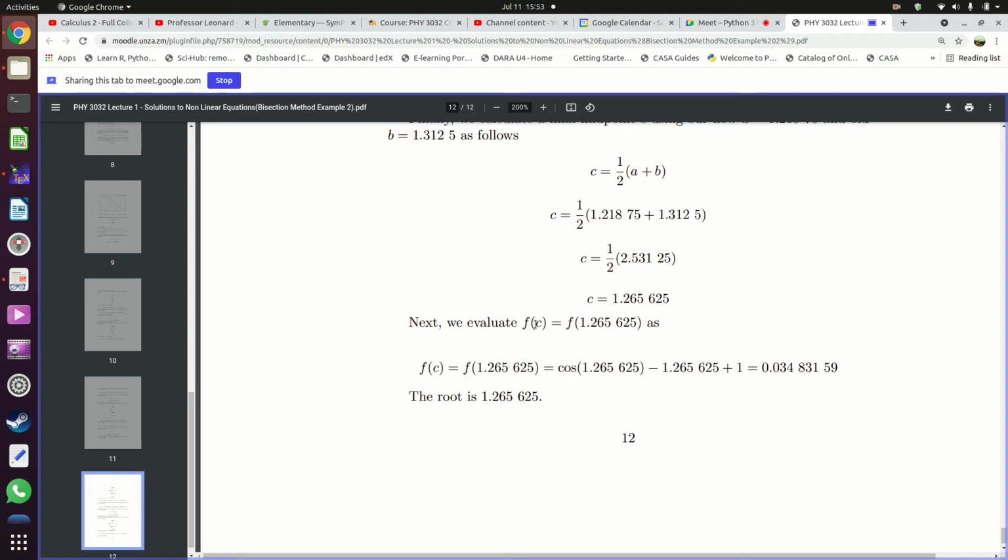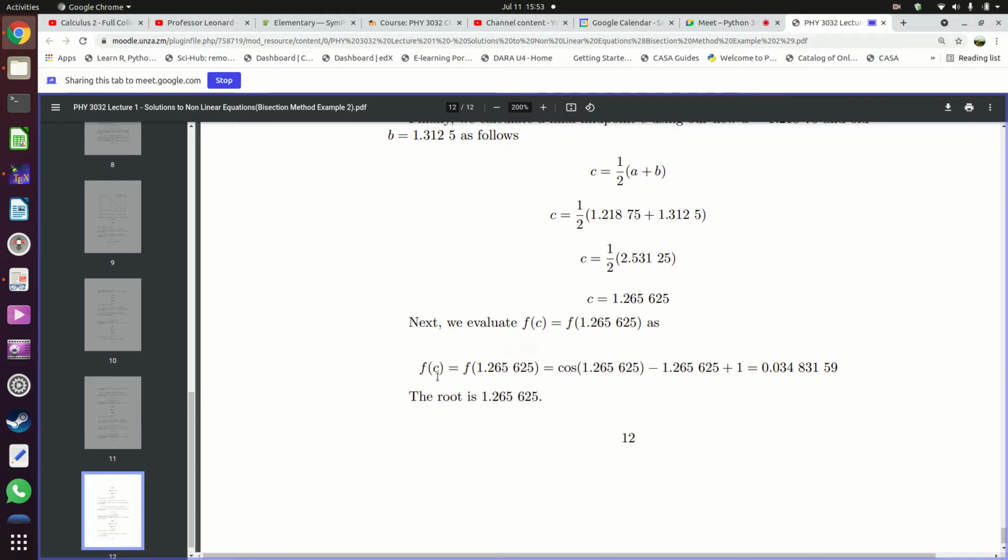Then you probably want to find out the value of the function at this final midpoint to see if you are close to 0, because the root of a function is the value of c which makes that function equal to 0.